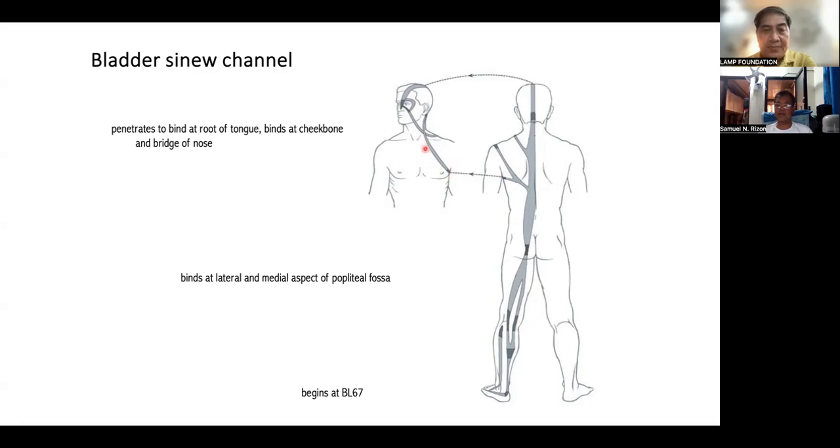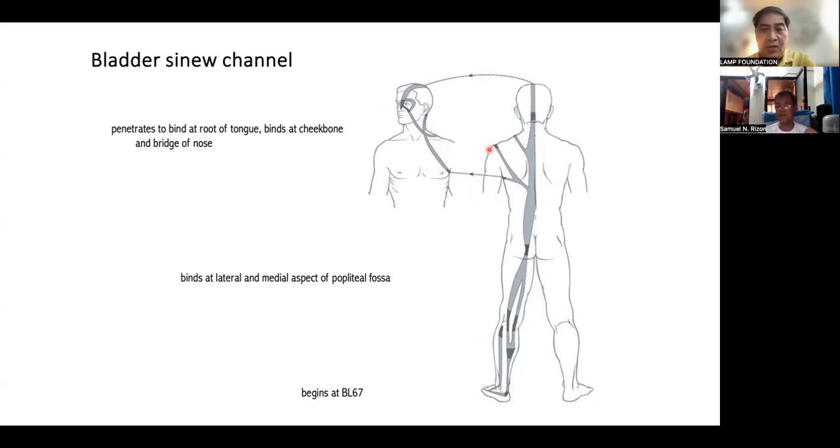This one. Kaya yung nagko-complain na masakit yan, you know what you will do. Okay? So it extends from the lateral margin of the posterior axillary crease to LI15 on the shoulder here. Okay.